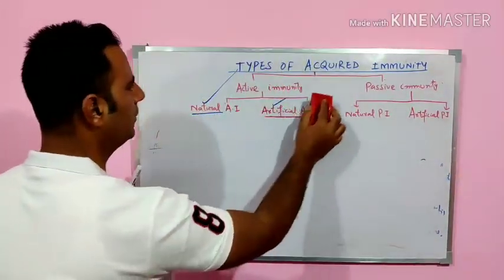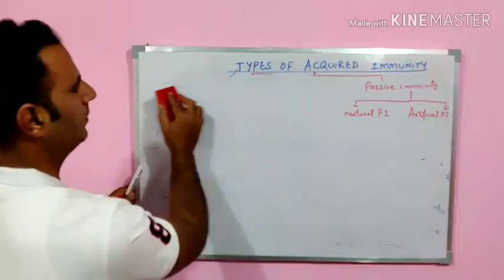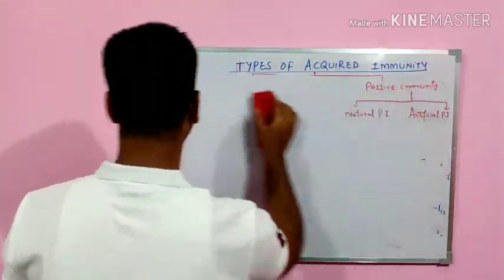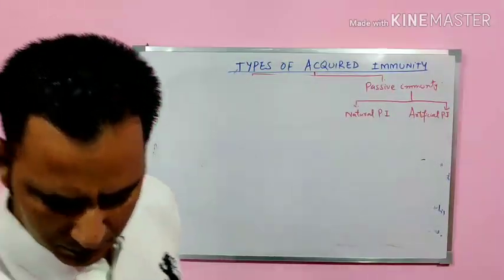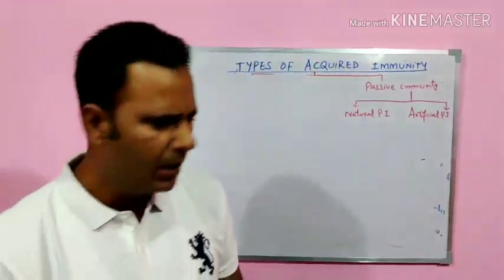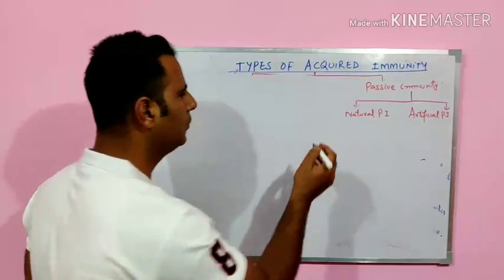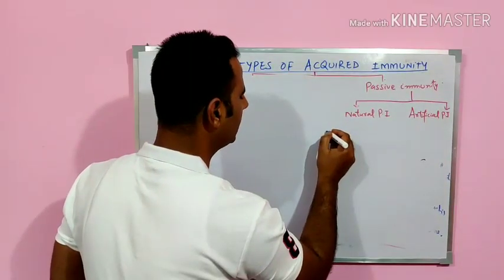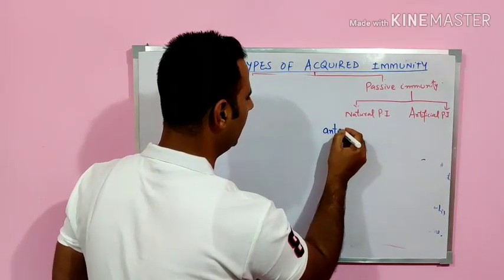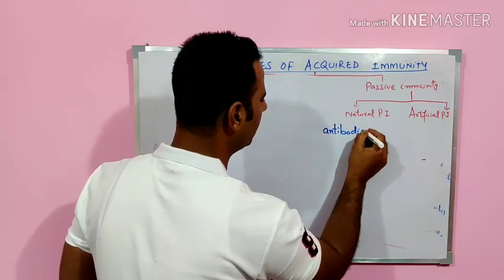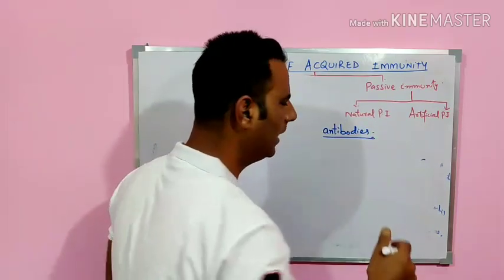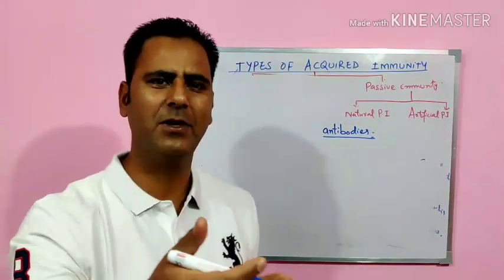Right. Then we have the second type of immunity. After discussing this active immunity, we have the second type of immunity, which we call passive immunity. Passive immunity involves the direct use of, we can say, antibodies. We are directly giving the antibodies.